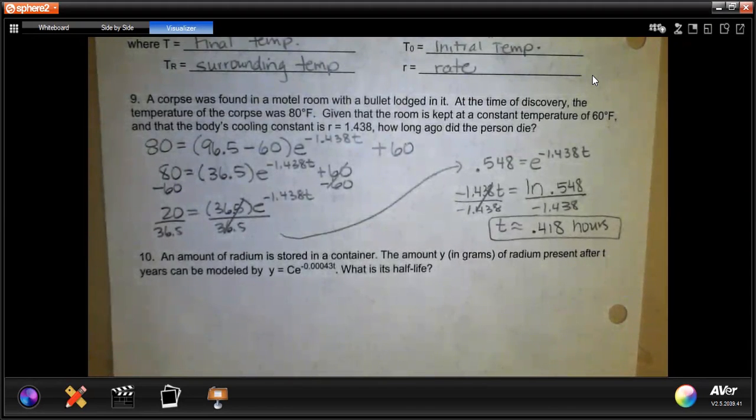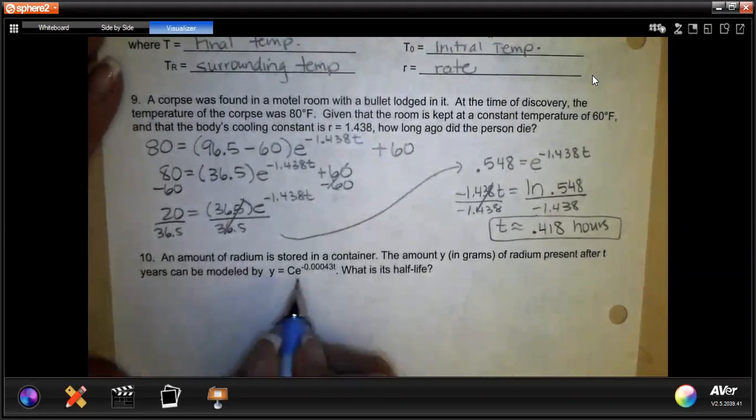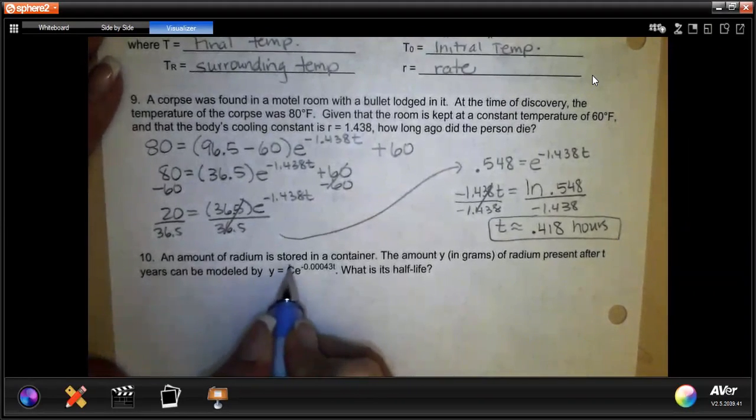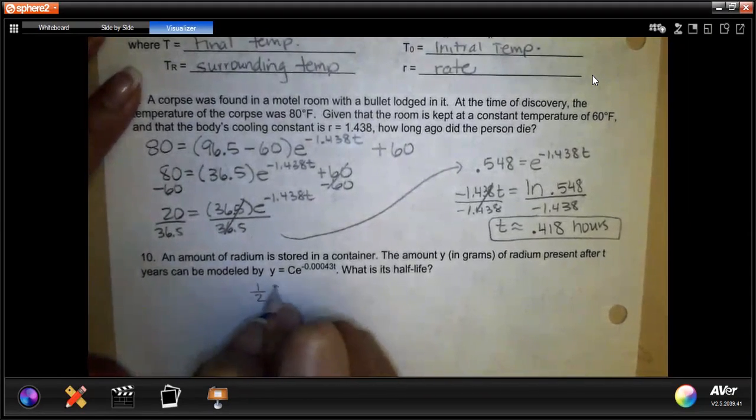Since they're not giving us a lot of information here, we really need to think through this problem. So we are looking for the time that it takes to get to half of its initial amount. Well, the initial amount is always that first part right there, that's C. And so half of C is what we're looking for.